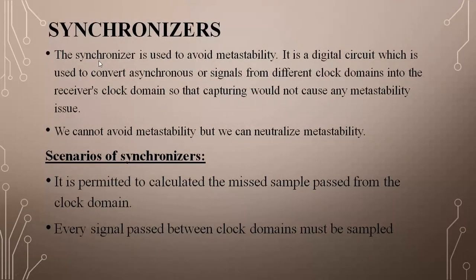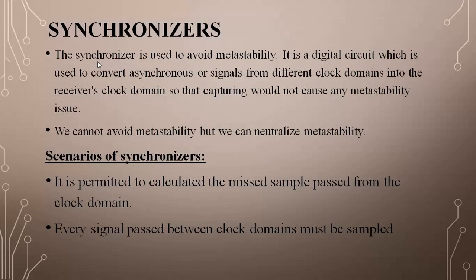So first I told you about metastability. What is metastability? Metastability is when we send data or a signal from one clock domain to another clock domain, with a different clock, that means with an asynchronous clock. If the flops don't meet the timing requirements, the flop gives a timing violation.